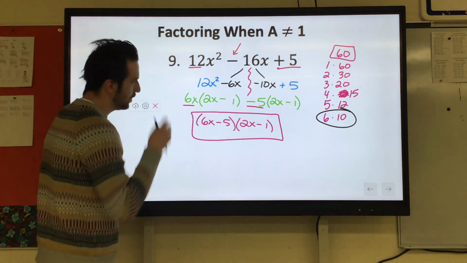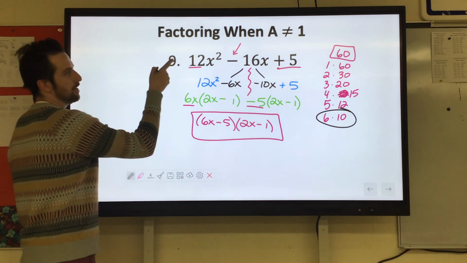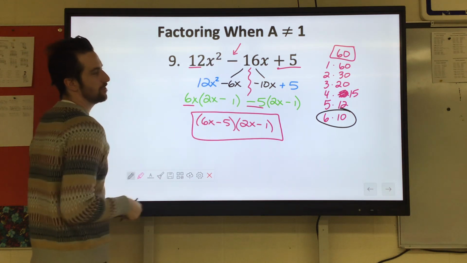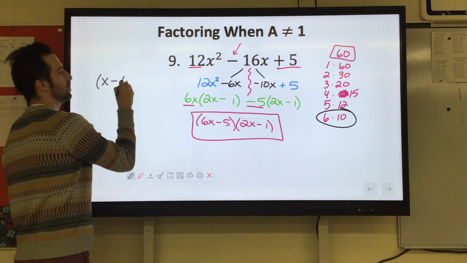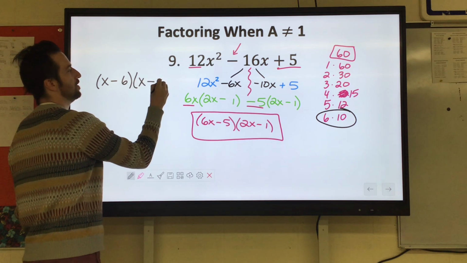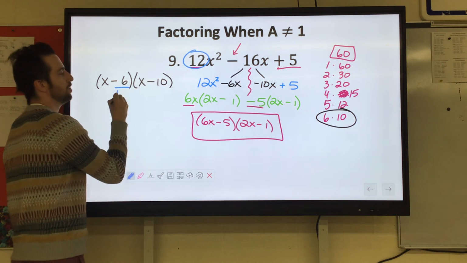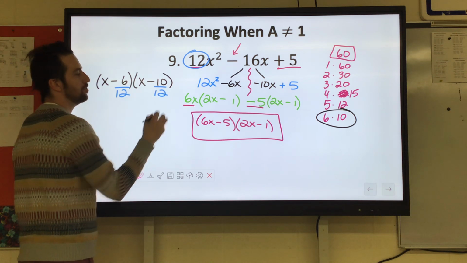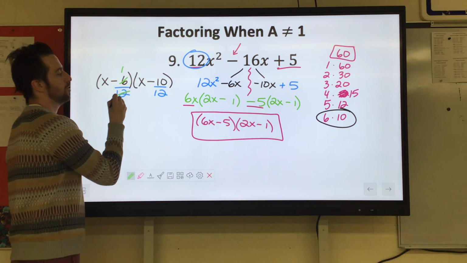If you want to open your mind to a new method, same steps. 12 times 5, 60. You're looking for the set that adds up to 16. 6 and 10. X minus 6, x minus 10. We have to try to divide them by a, which in this problem is 12. Remember, we have to simplify these fractions if we can. 6 over 12 would reduce to 1/2.